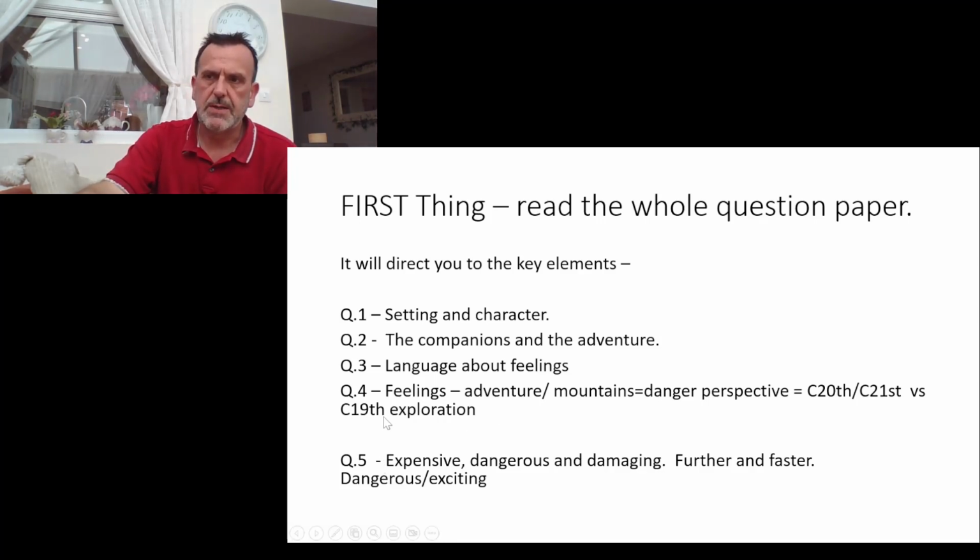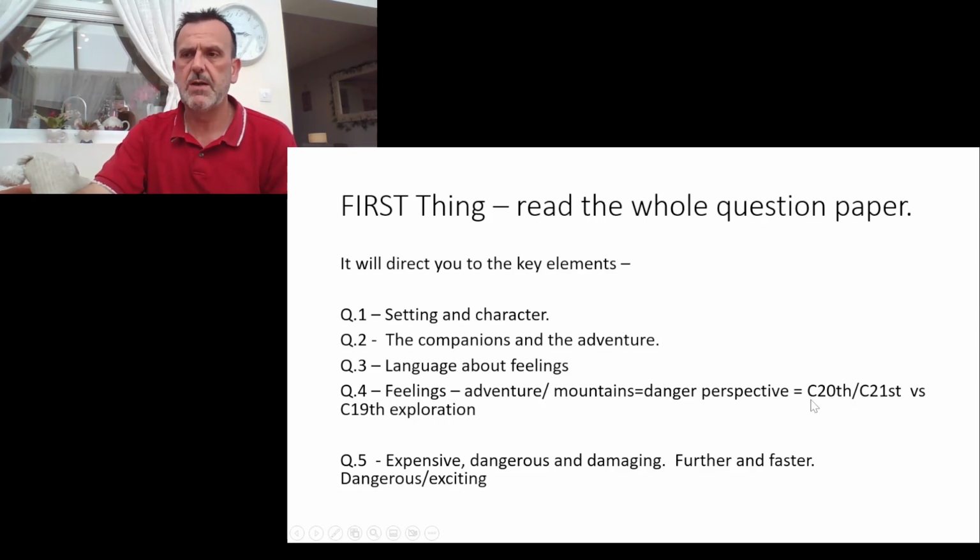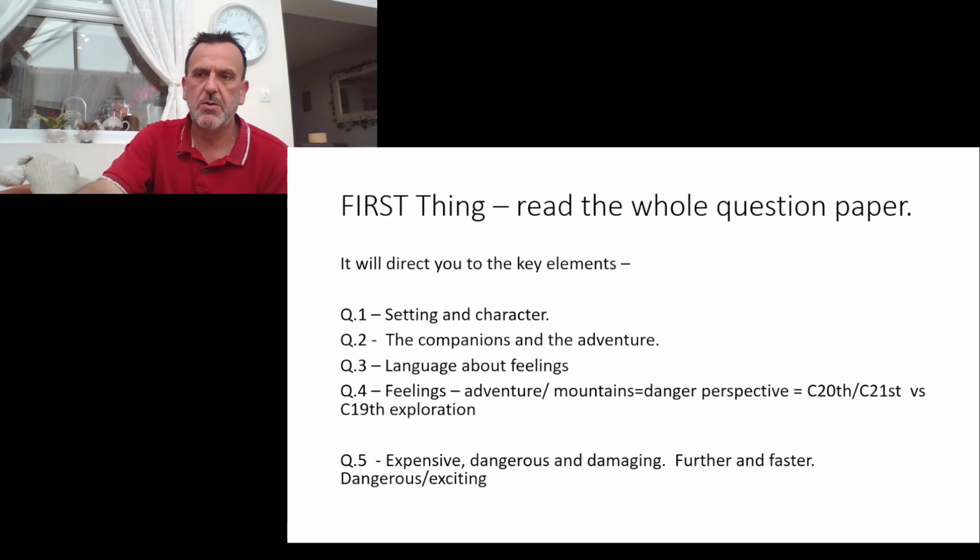And then question 9, the focus is on the feelings. So you're going to be talking about the fact, is it an adventure or is it something more extreme? There is danger implied. The perspective, you know, how was exploration like in the modern day to the olden days, and those differences are key to it. And then question 5 again is almost focusing on that dangerous, exciting element of it. So dangerous and exciting are going to be 2 key words.